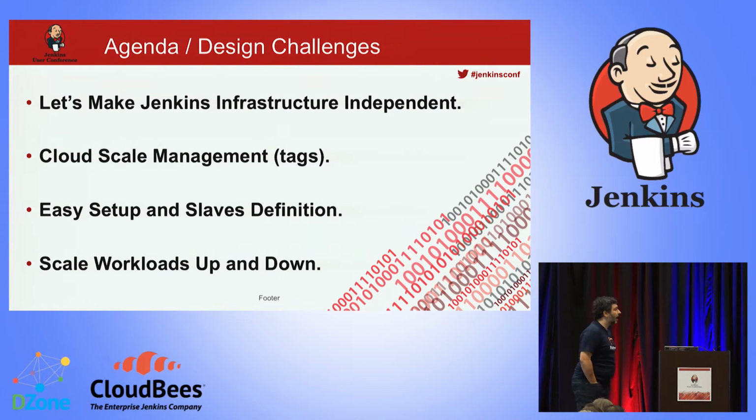We are also trying to manage your workloads, your instances, your slaves, in a way that we call cloud scale, because you will not have just 2 or 3 slaves; you can have thousands of slaves that need to be reconfigured. You are probably managing thousands of machines, thousands of microservices, and we are going to do this with one feature based on tabs that we're going to show you later.